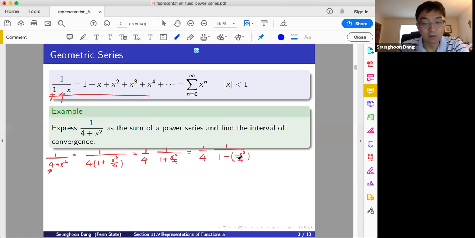So we have 1 over 1 minus negative x squared over 4. This is exactly the same as 1 over 1 minus x. Only plug the negative x squared over 4 into x here. So what happens?